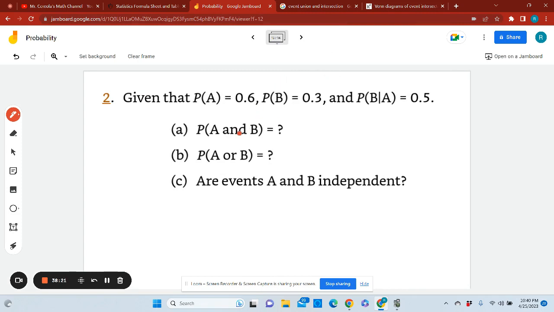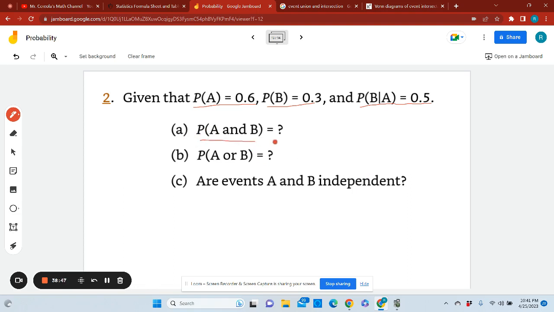Let's see. Okay, so the first piece is saying, given that the probability of A is 0.6 and the probability of B is 0.3, and the probability of B given A is 0.5, they want us to find the following. Okay, so let's see, right?